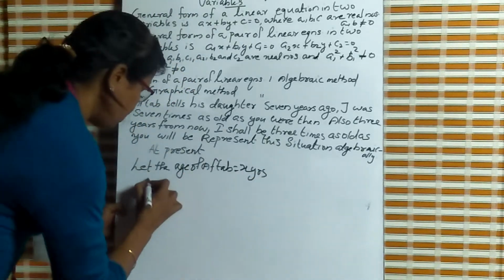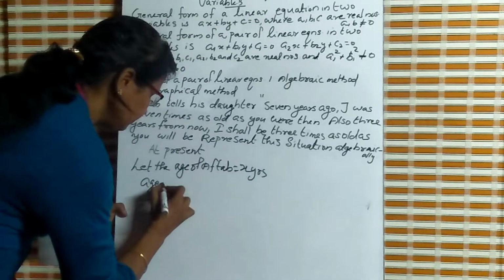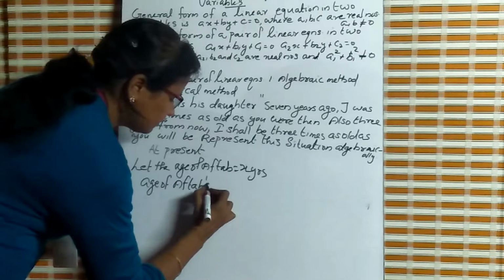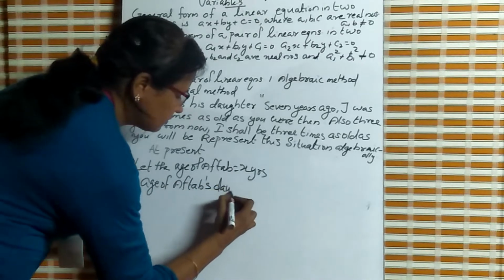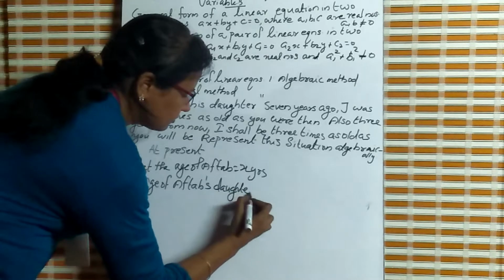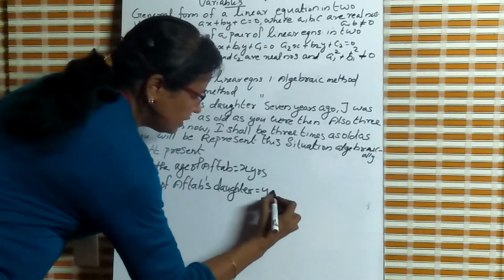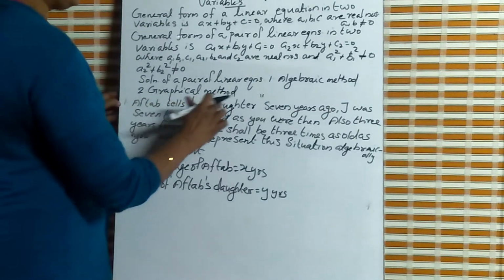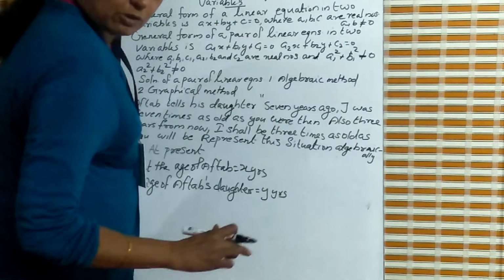Again, age of Aftab's daughter is y years. Then look at the question. Aftab tells his daughter 7 years ago.